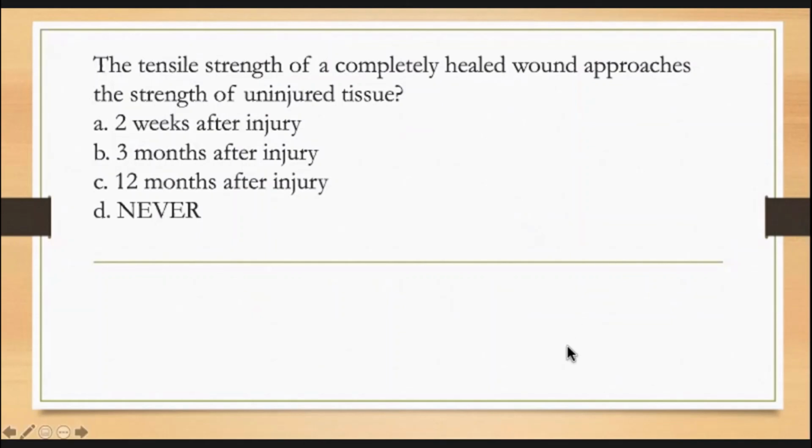Approaches the strength of the uninjured tissue. Remember our discussion earlier? Do wounds, after the healing process, return to their original strength? 2 weeks, 3 months, 12 months after, or never?